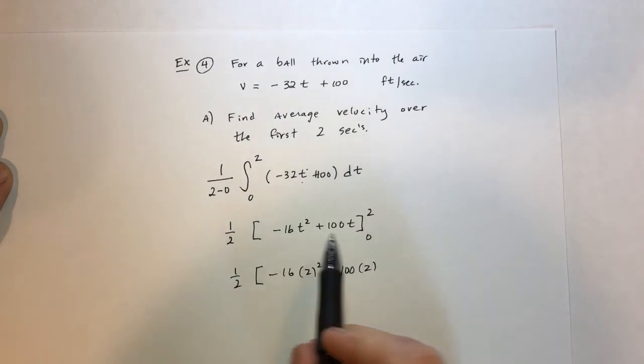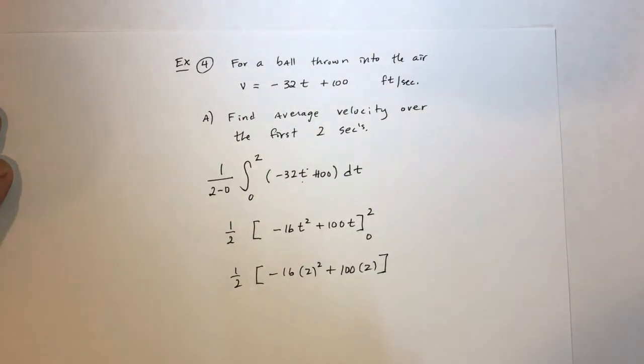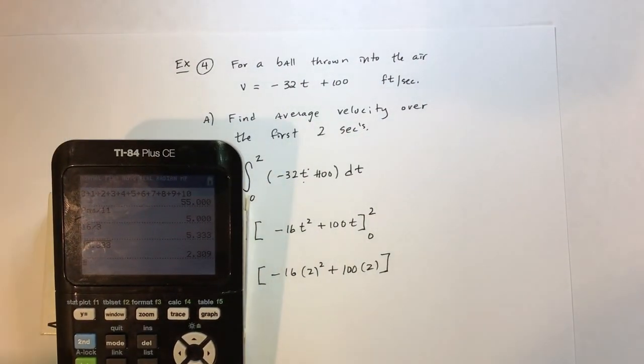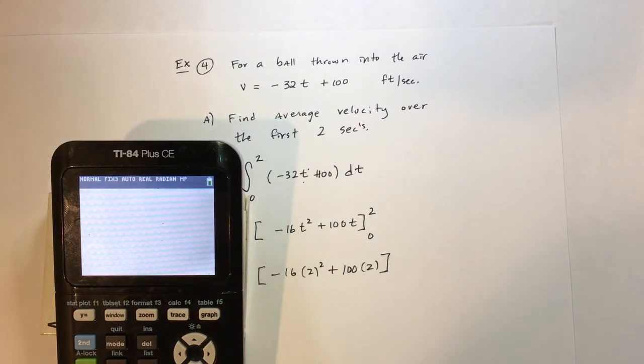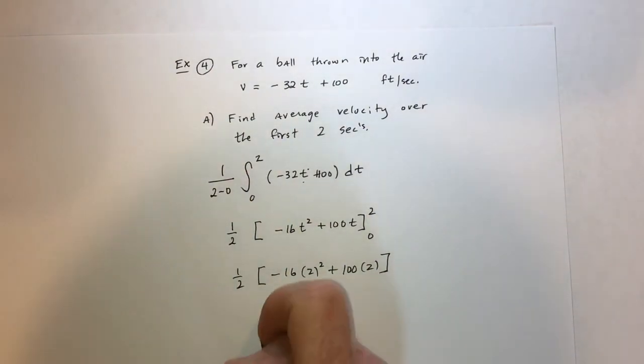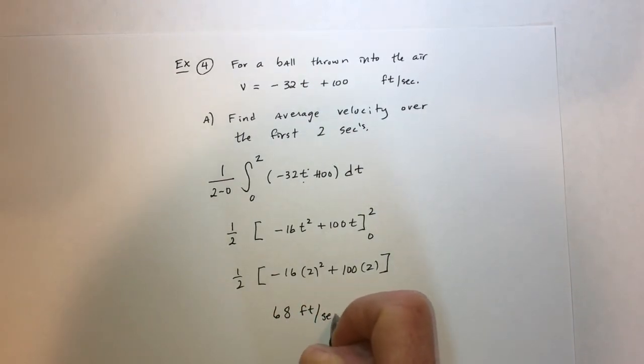And thank goodness for the 0, because that'll be 0 and that'll be 0. So how much is this? So we've got a 1/2 in front, and then negative 16 times 4 plus 200. It's 68. So the average velocity is 68, and this would be in feet per second.